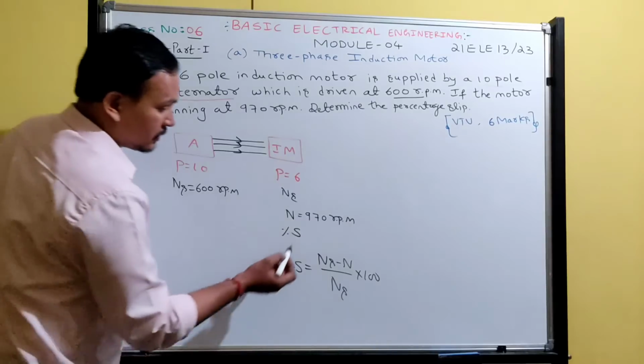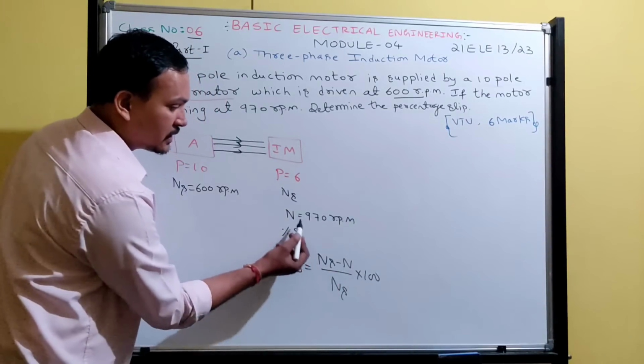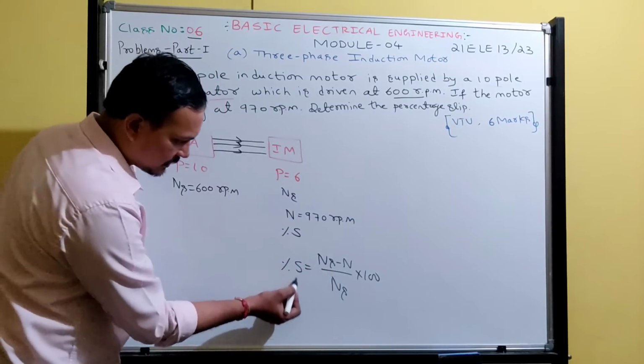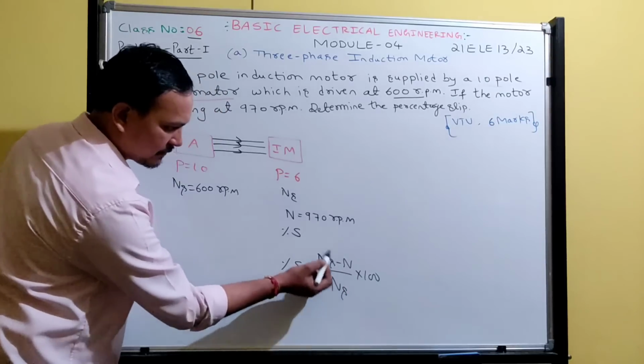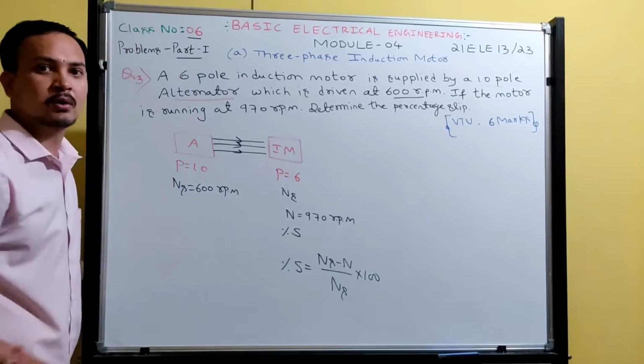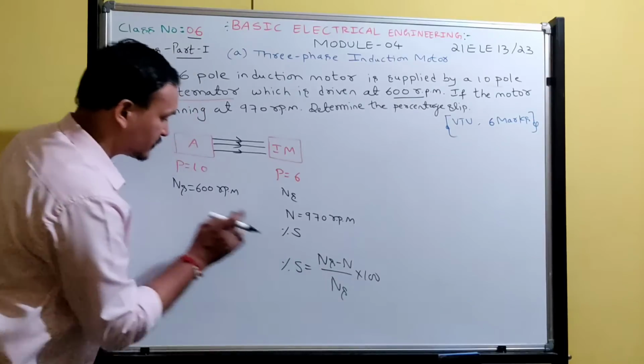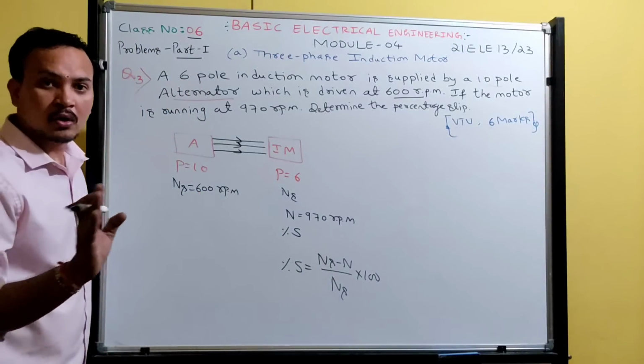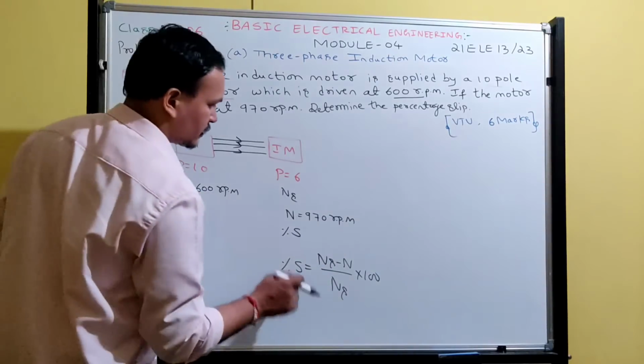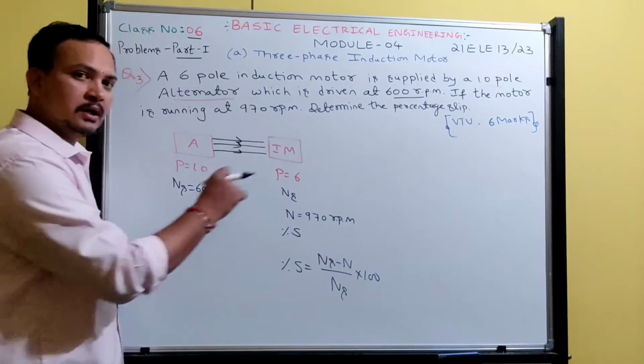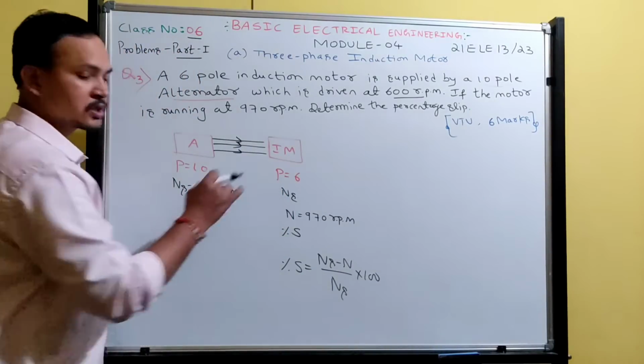N is already given. All this data, Ns, N, everything here relates to the induction motor only. Don't take the Ns value as 600. Now we need to find Ns for the induction motor.